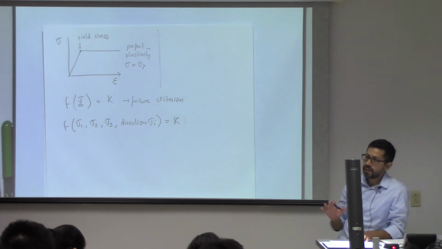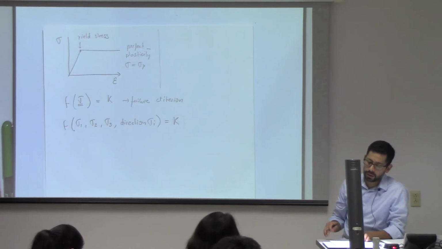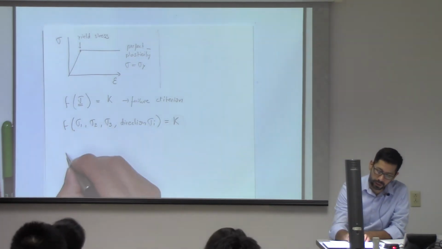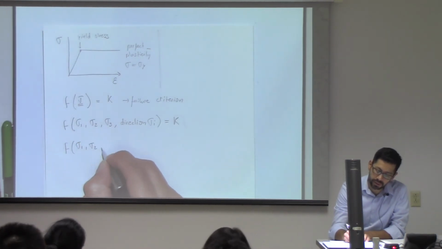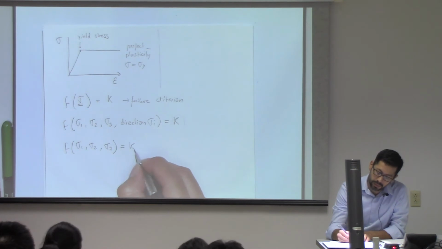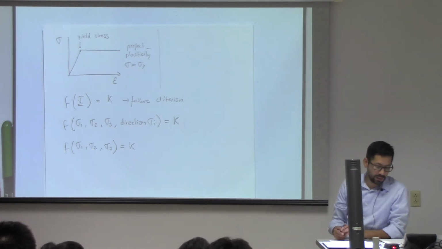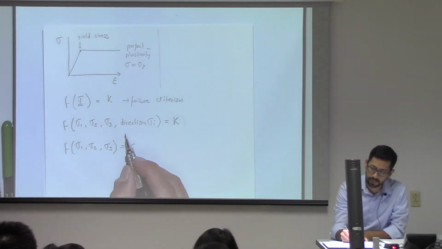We can simplify this a little bit more, but it requires an assumption, which is a very important assumption. What about if I told you that we can write this same failure criterion, but just as a function of principal stresses? Would you believe me if I said that? What is the assumption involved in doing that?